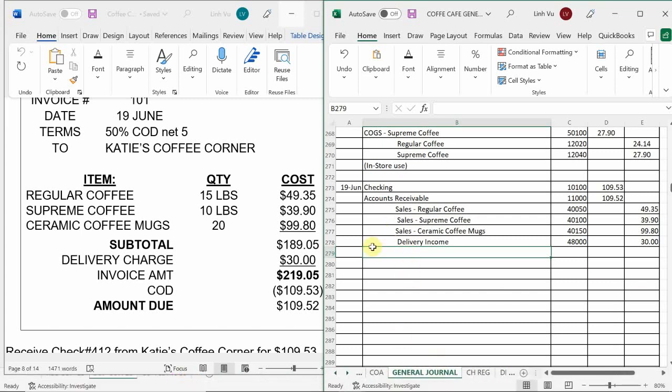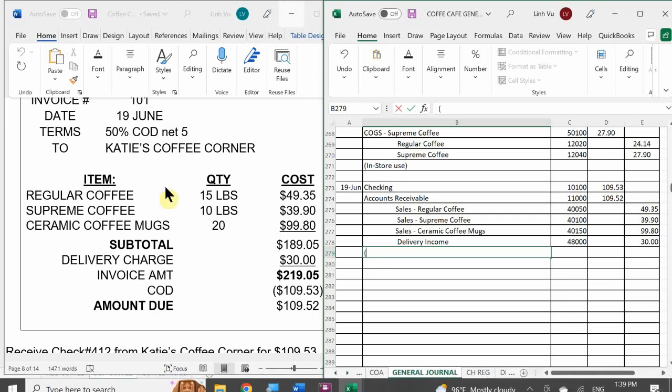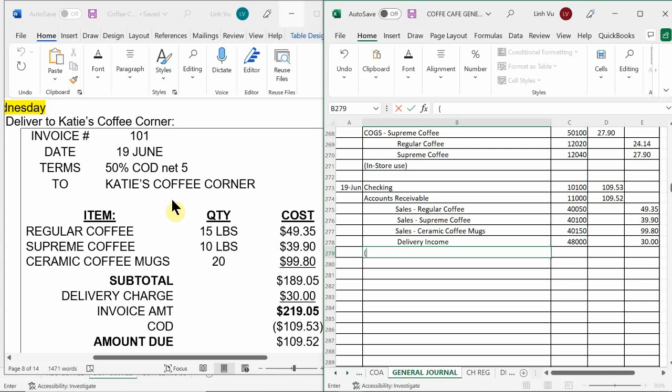So what should my description be? I wrote delivery of the purchase, sales order 101. In this case, is there a sales order number on here or an invoice number? It's converted to an invoice number. Good, so you don't really need the sales order number on there, you just need the invoice number.